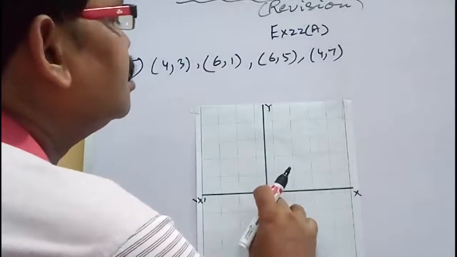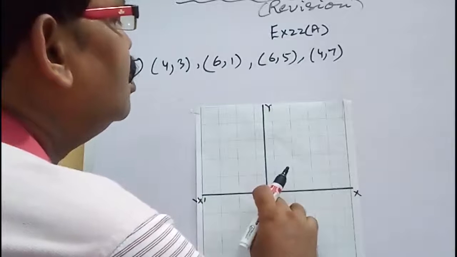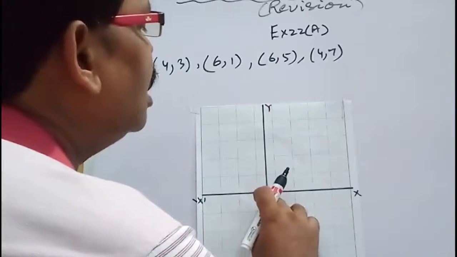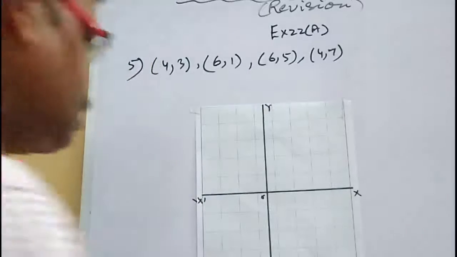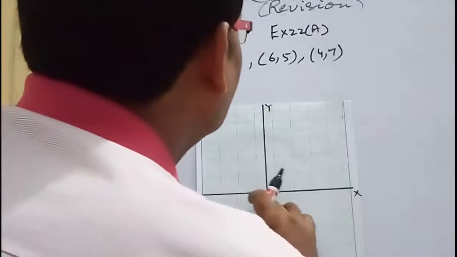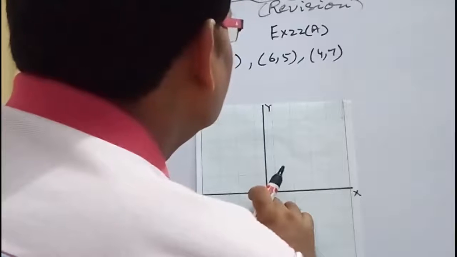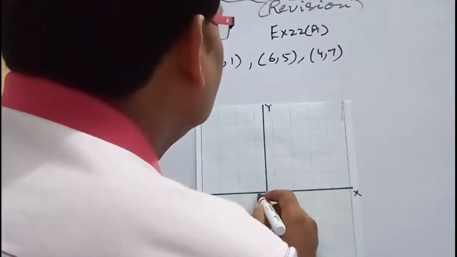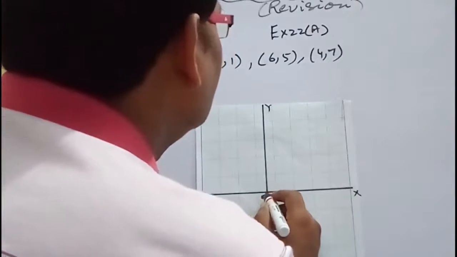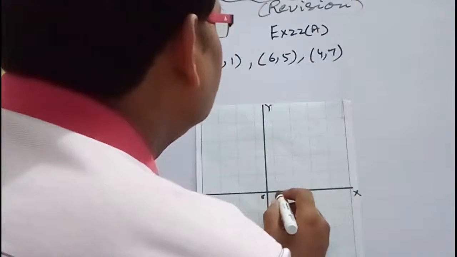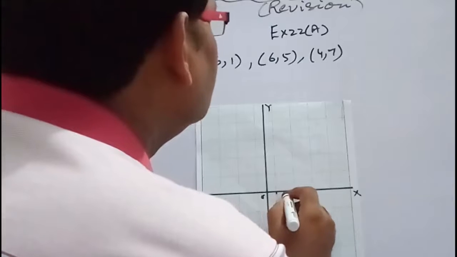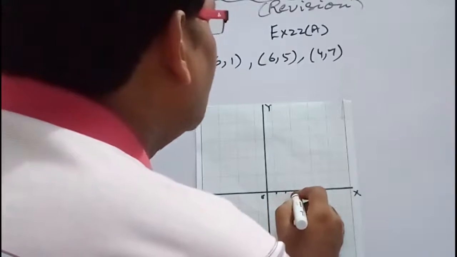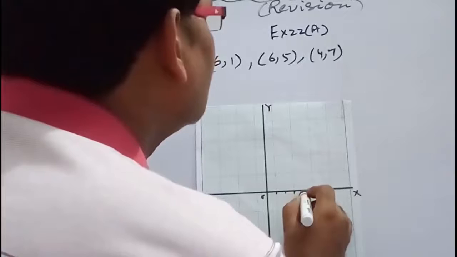See, there is 1, 2, 3, then 1, 2, 3, 4, 5. So count 1, 2, 3, 4, 5.